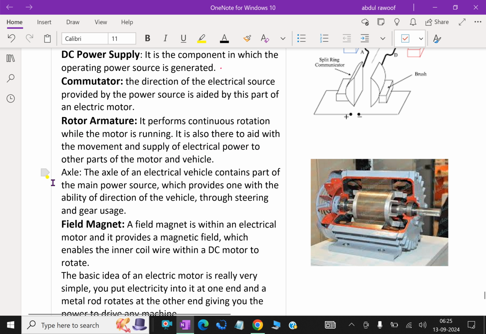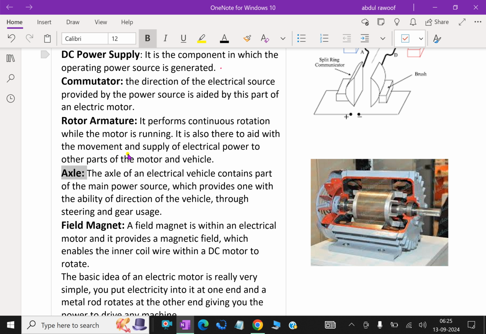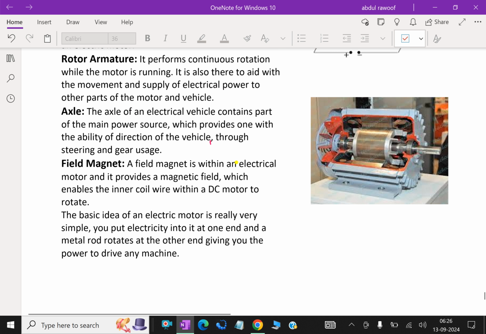Next is the axle, which provides the direction of the vehicle through steering and gear use. Next is the field magnet, which provides a magnetic field that enables the inner coil within the DC motor to rotate.